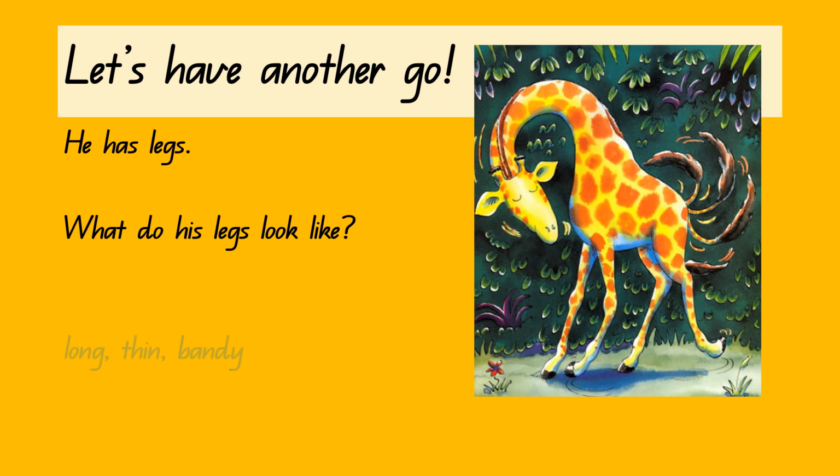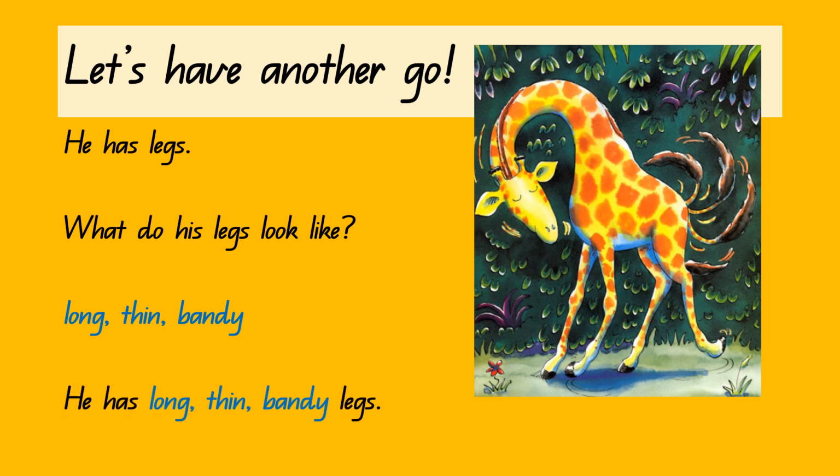No. Gerald has long, thin, and bandy legs. Those are the adjectives that I have chosen to make my sentence more interesting. Now my sentence says, he has long, thin, bandy legs. Now I can make a good picture in my mind about what his legs look like.